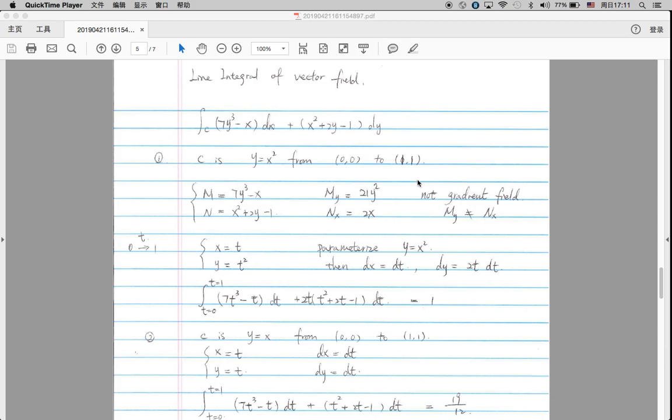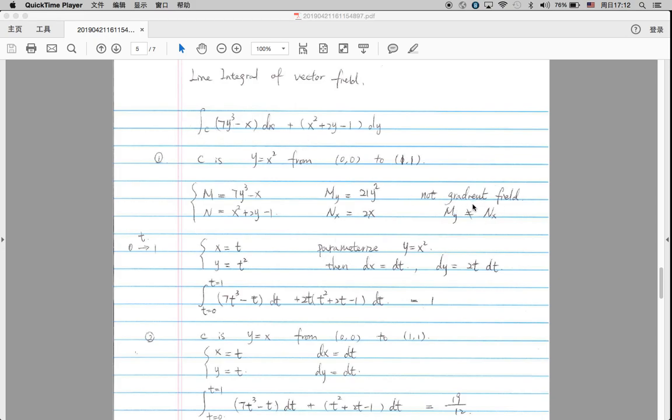However, if these two terms are equal, which is also a test for this criteria, which means there's a gradient field, then we will have another way to calculate the line integral of a vector field, which will be easier to evaluate.